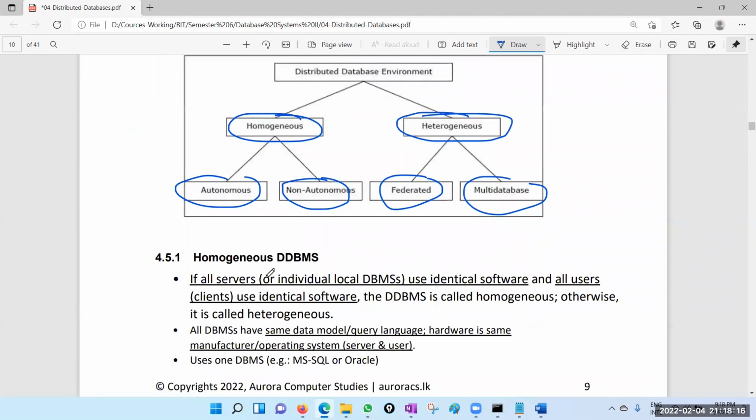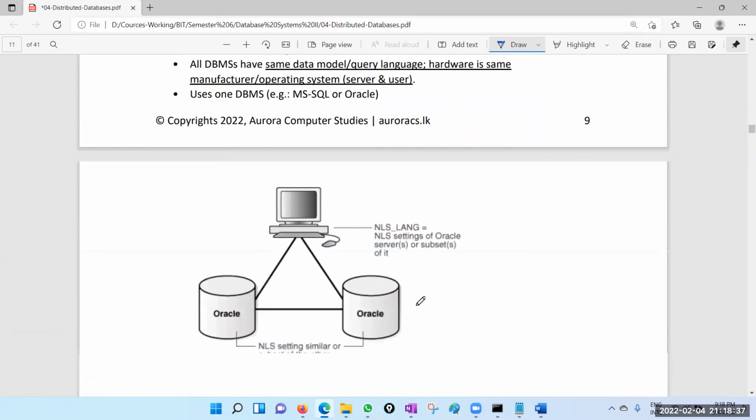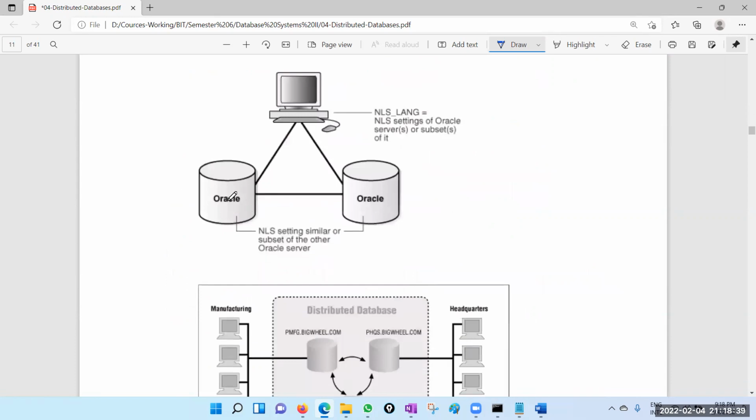And homogeneous means it's the same technology. All servers are identical software. If it is Oracle, everywhere Oracle. Okay. So those are less complicated because they are 100% compatible because it's the same database management system. Right? Oracle and Oracle.